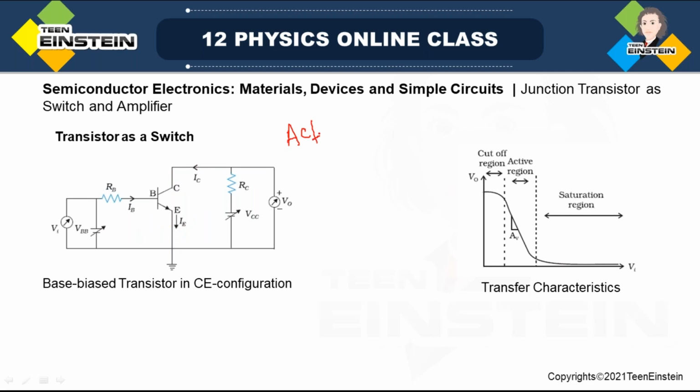The transistor can act in the active region, or in the saturation region, or in the cut off region. So there are three regions of transistor action, or in other words, the transistor acts in three distinct regions.